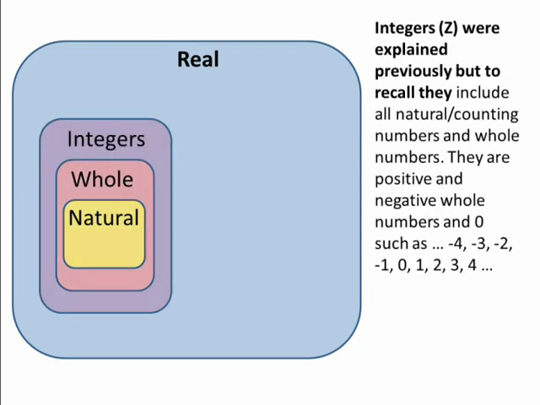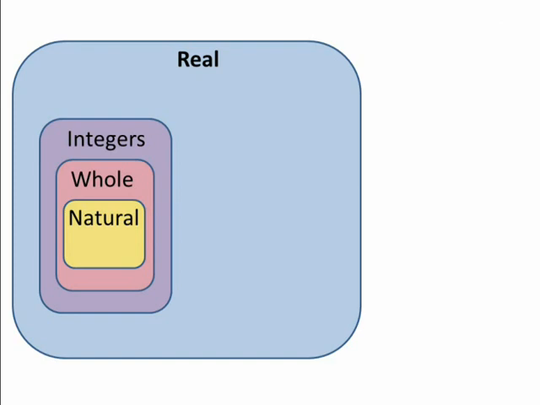Integers were explained previously, but recall they include all natural/counting numbers and whole numbers. They are positive and negative whole numbers and 0, such as -4, -3, -2, -1, 0, 1, 2, 3, 4, and so forth.